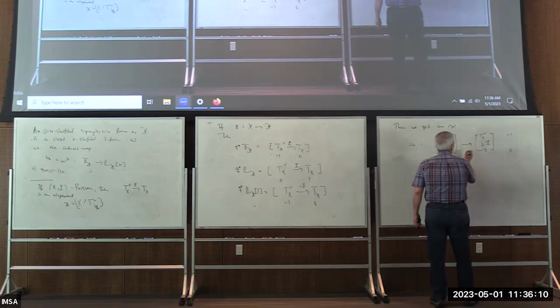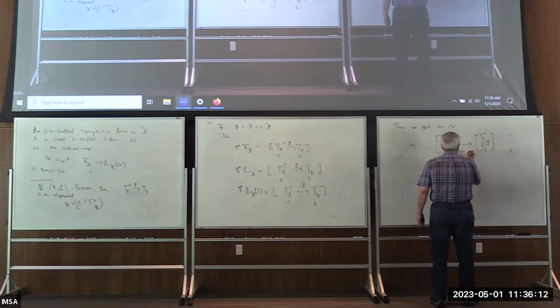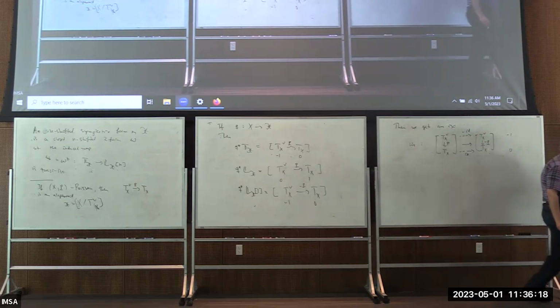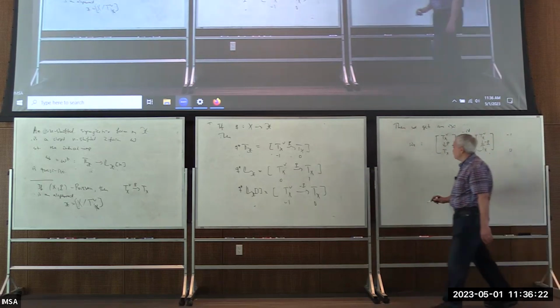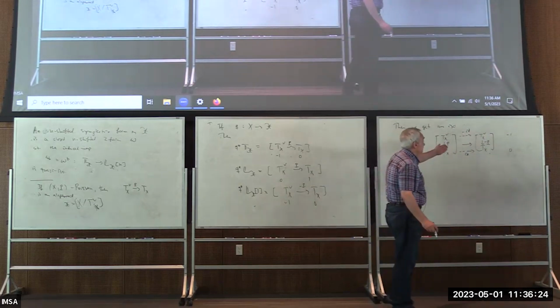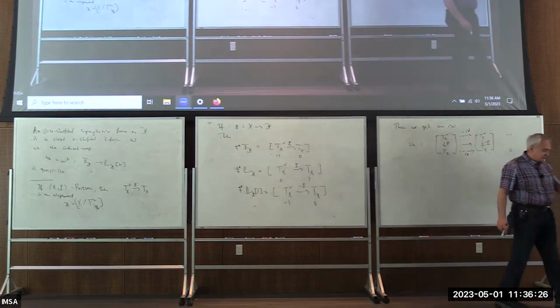So you put the bottom map to be the identity and the top map to be minus. So that gives you a quasi-isomorphism. In fact, in this case, it's an actual isomorphism of complexes.